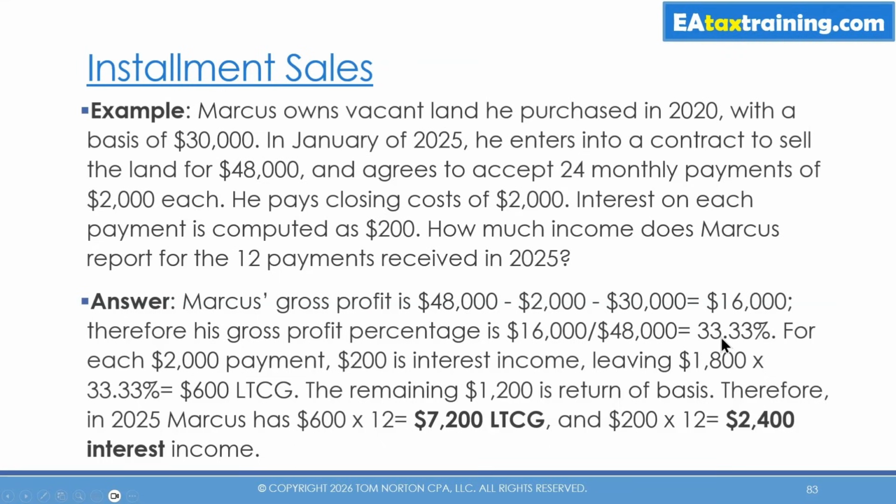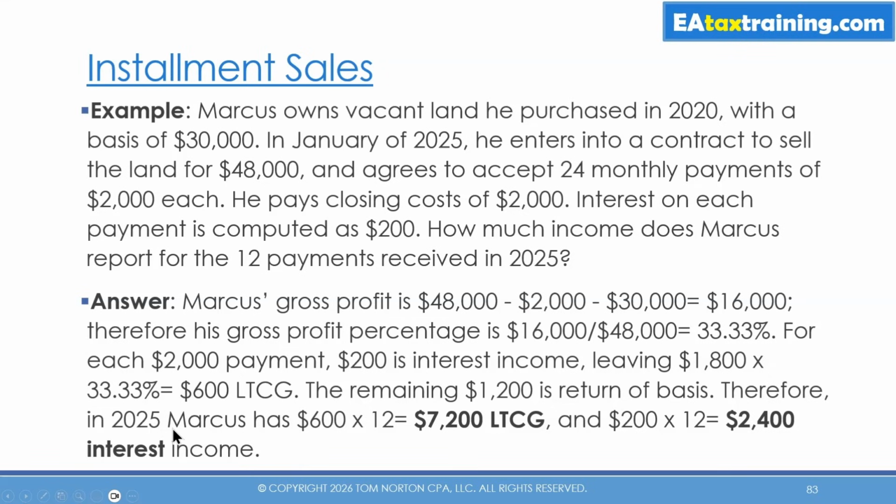So for each $2,000 payment, $200, as we said, is going to be considered interest income. That leaves $1,800 as principal, if you will. So if you take that $1,800 times 33.33%, $600 of that will be considered installment sale income or long-term capital gain. The remaining $1,200 is a return of basis.